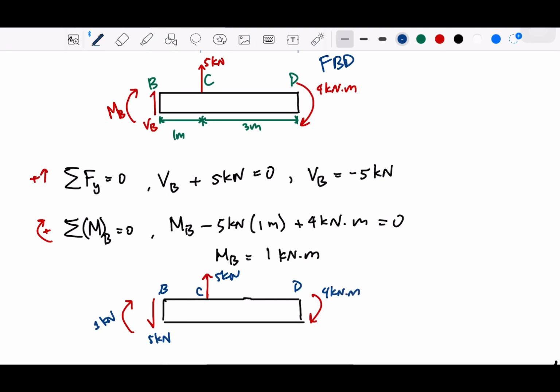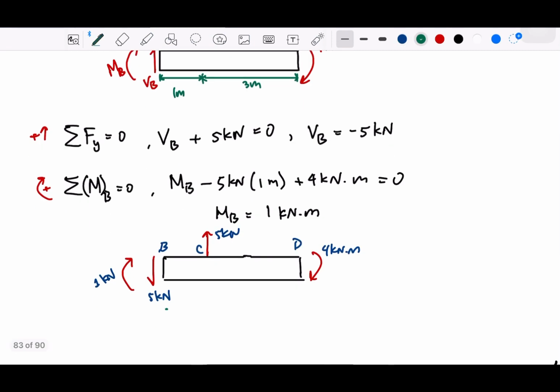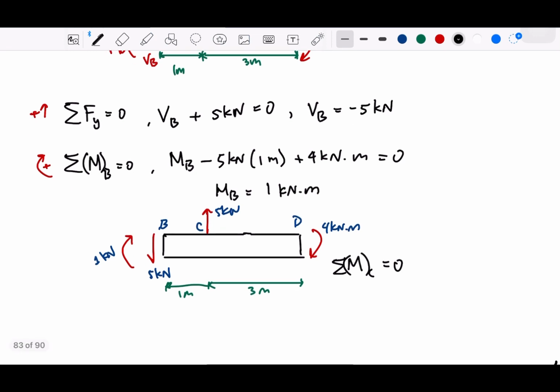And then to check, we can check our solutions. So in our course, you can always check at the end, especially for equilibriums, you can check the numbers again, put them back into the equations, and make sure they are going to be 0. Okay, so check this. Let's say we take the sigma moment at C, and it's going to be 0.